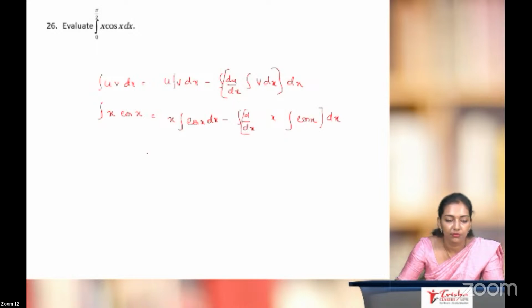So x into the integration of cos x, which is sin x, minus the integral of the differentiation of u. The differentiation of x is 1 here. So the integral of 1 times the integral of cos x, which is sin x, dx. So x sin x minus the integral of sin x, so that is minus of minus cos x.